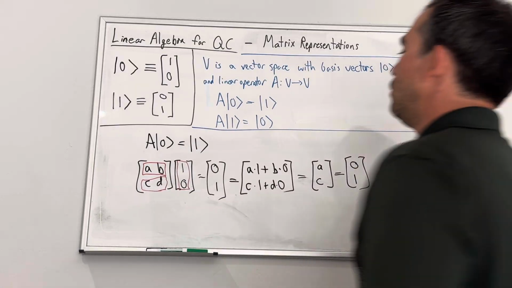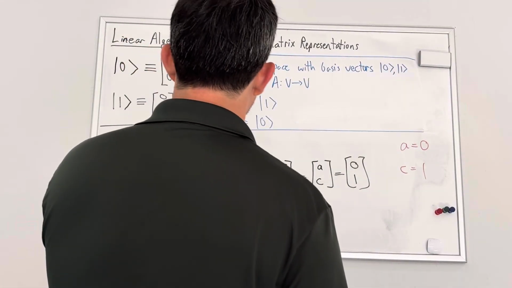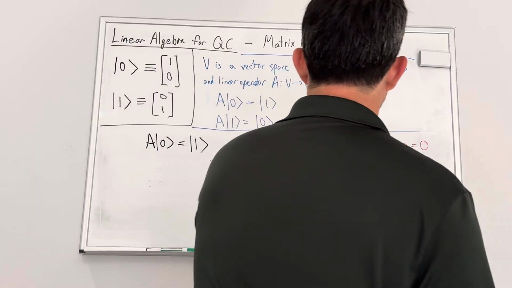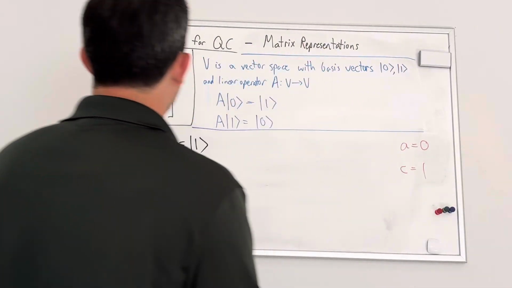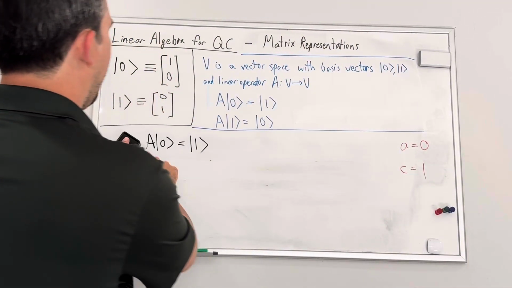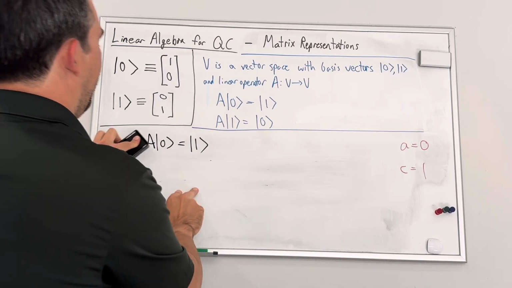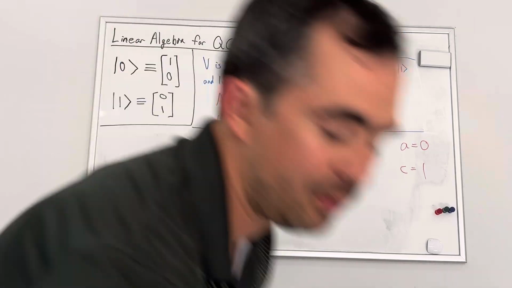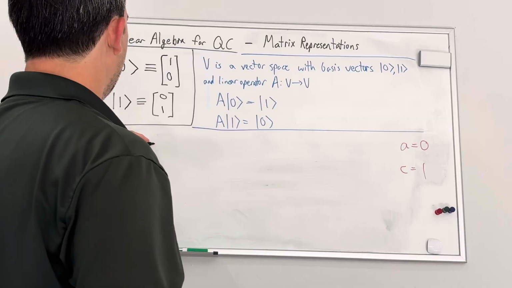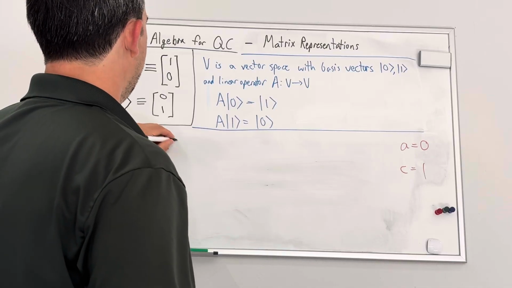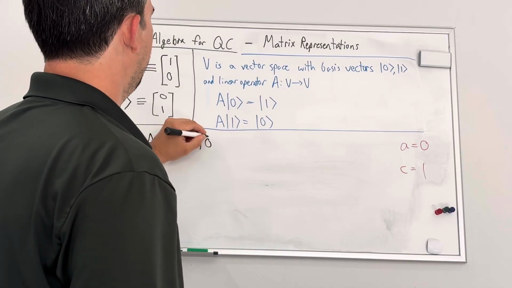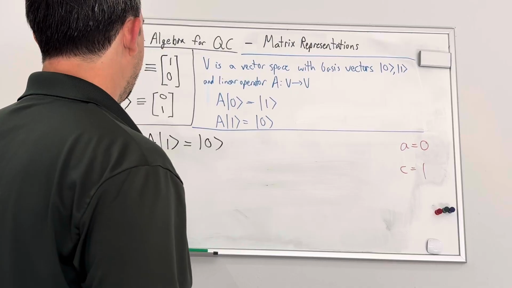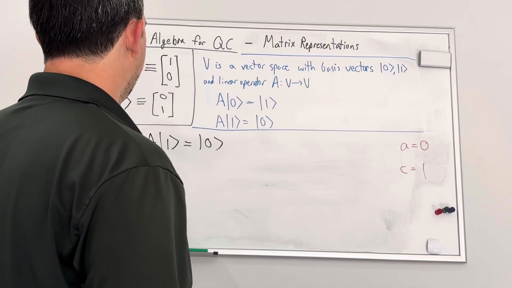So let's do this again. Let's do it one more time, and let's do it now for the second case, A1 equals 0. So A1 equals 0, right? And again, a, b, c, d.